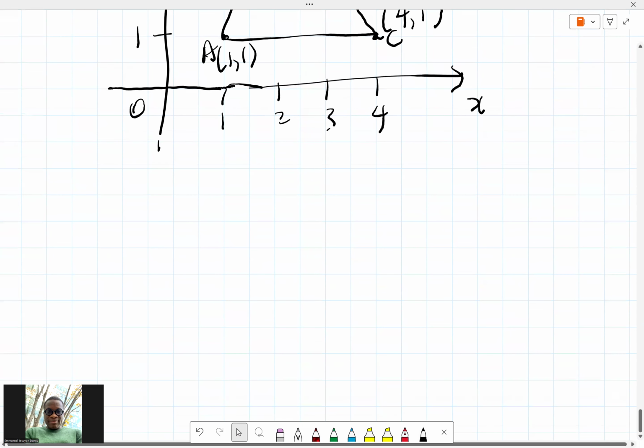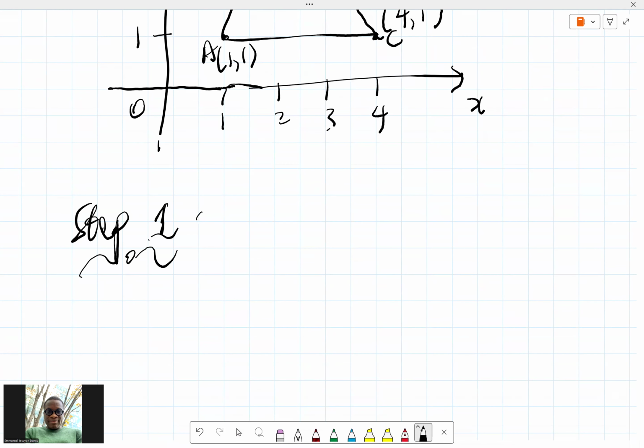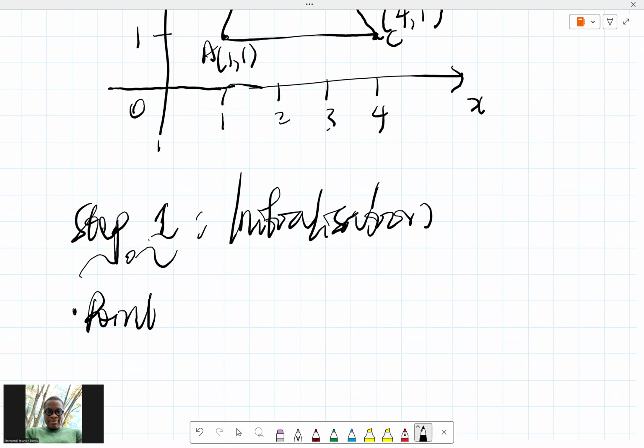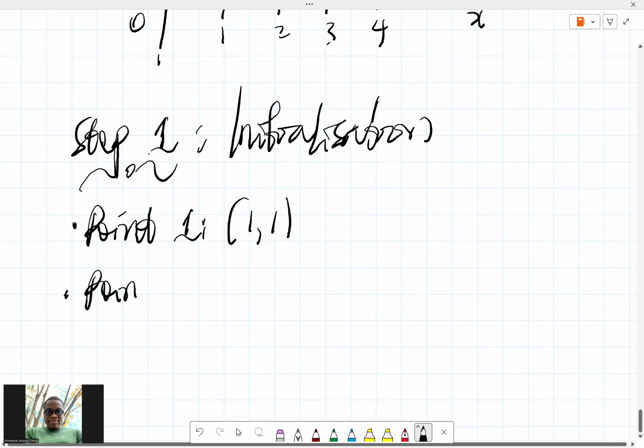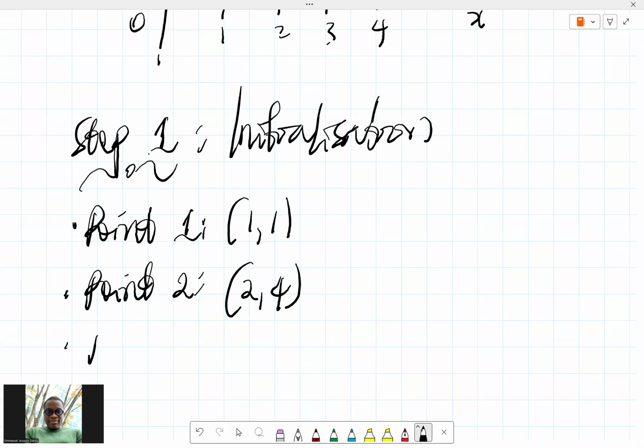Okay, so let's talk about step 1, which I believe we've even started already. Step 1 is about initialization, where we have an initial guess. So we have point 1, which is 1, 1 in the coordinate system, point 2, which is 2, 4, and point 3, which is 4, 1.